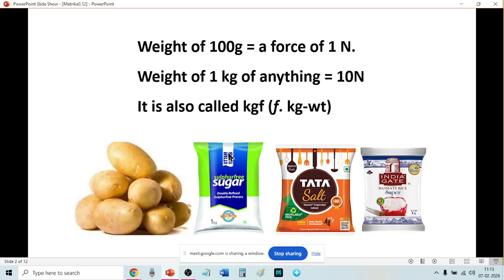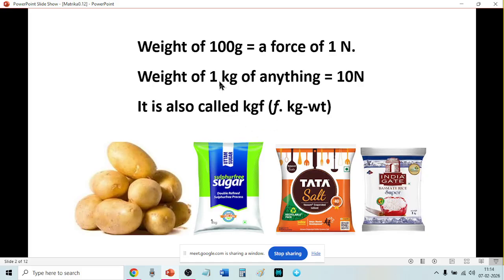Now this 10 newtons, which is the weight of 1 kg, is also called 1 kilogram force. 1 kgf means kilogram force. Kg is kilogram, kgf is kilogram force. Previously it was called kilogram weight. Now it is called kilogram force, kgf.